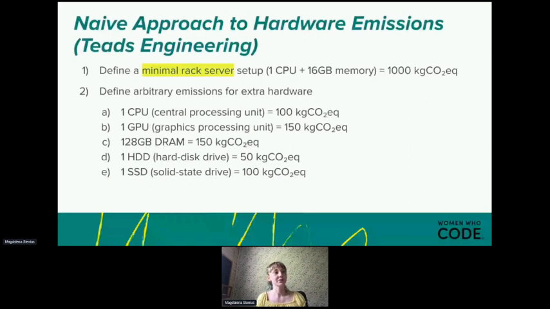They assumed that each rack server in a data center is composed of a minimal rack server setup, which has a carbon footprint of 1,000 kilograms of CO2 equivalent. And on top of that, depending on the server itself and its components, you would add various extra amounts depending on what it's composed of.